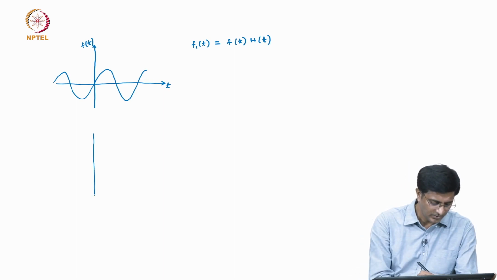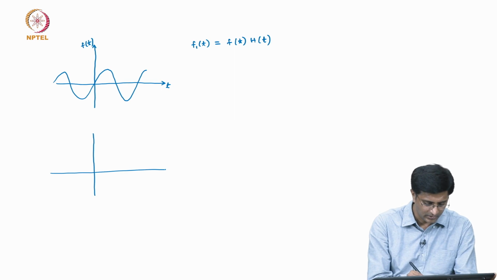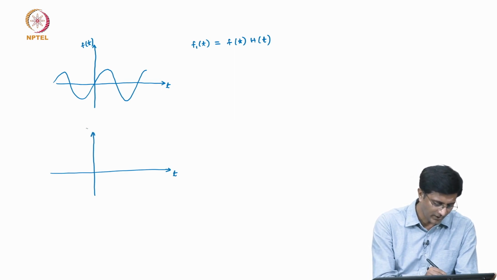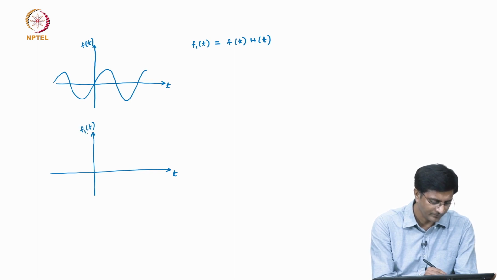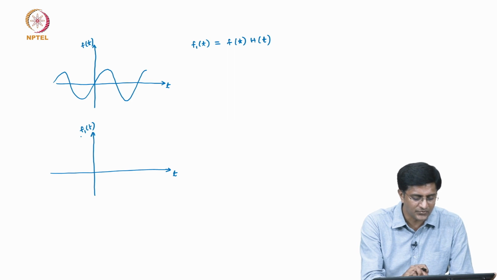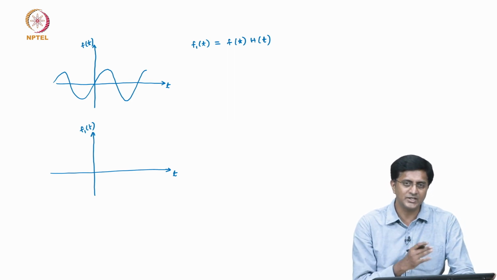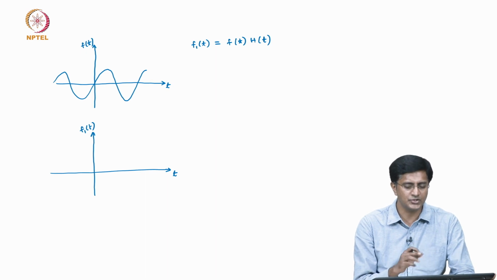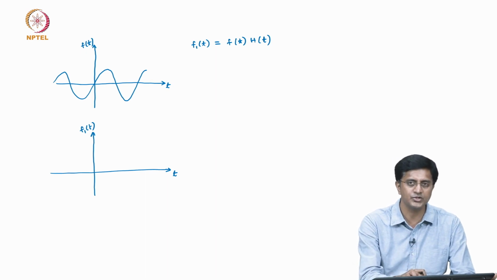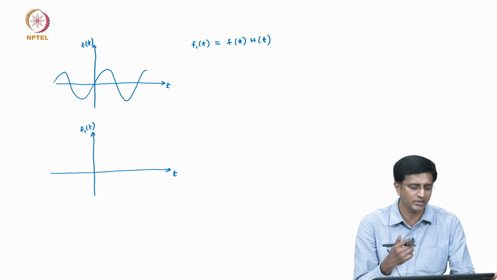So, now let us see. The x axis is time, and now on the y axis we are plotting this new function f1 of t. Since we multiply this function with the Heaviside function, what happens when time is less than 0? The response is 0, because the H of t value is 0, and 0 multiplied by any function will give 0.